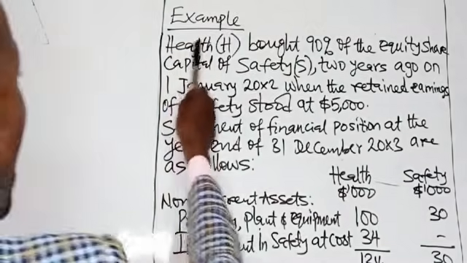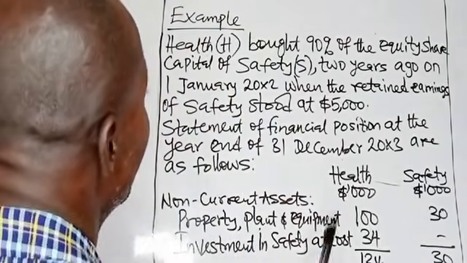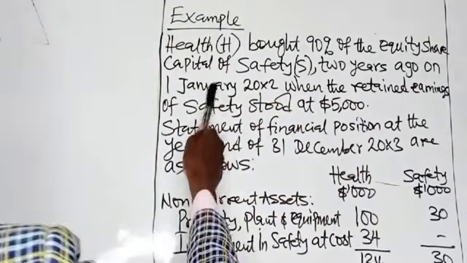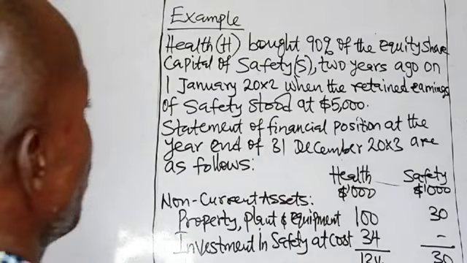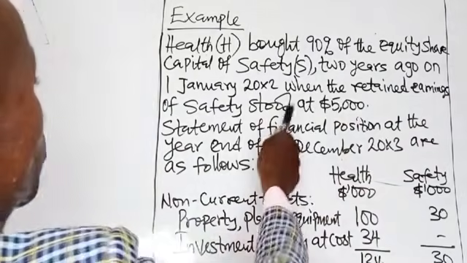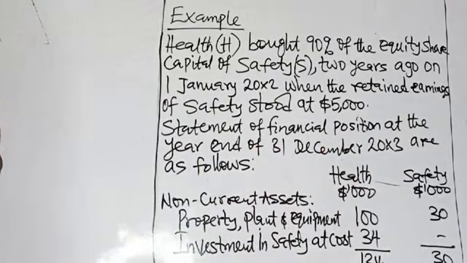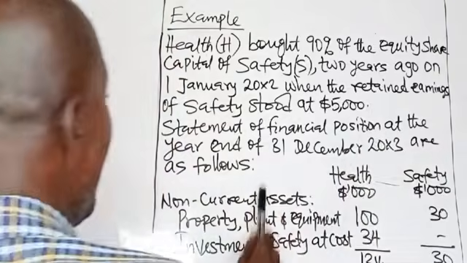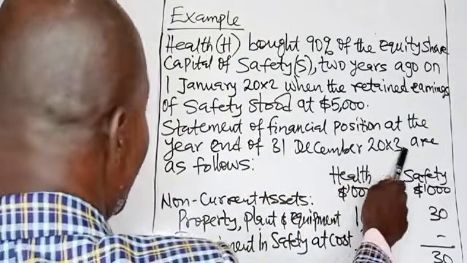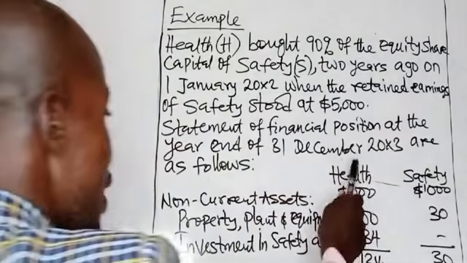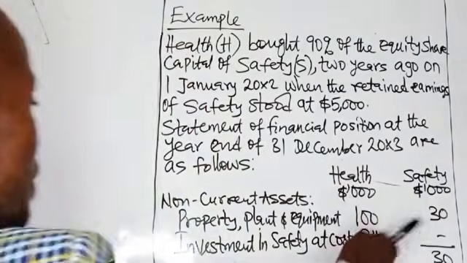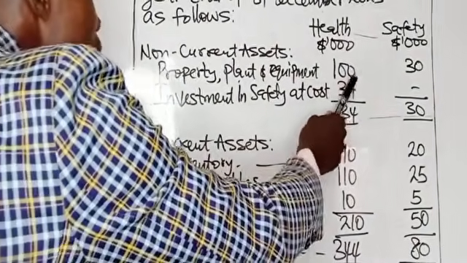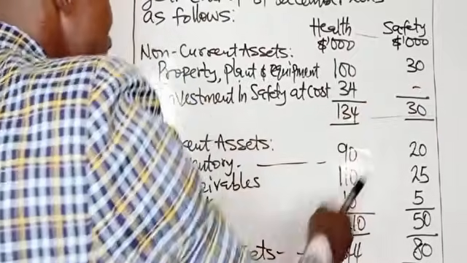Example, Hertz bought 90% of the equity share capital of Safety 2 years ago on 1st of January 20x2, when the retained earnings of Safety stood at $5,000. Statement of financial position at the year end of 31st December 2023 as follows. Non-current assets: property, plant, and equipment, Hertz 100, Safety 30.